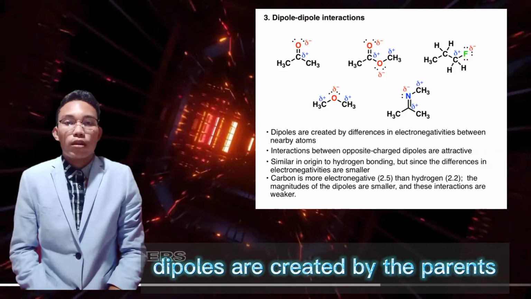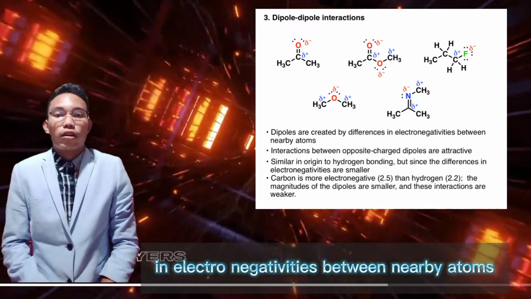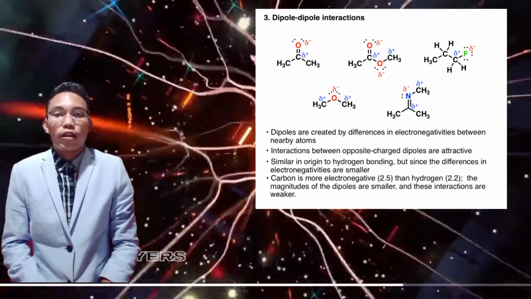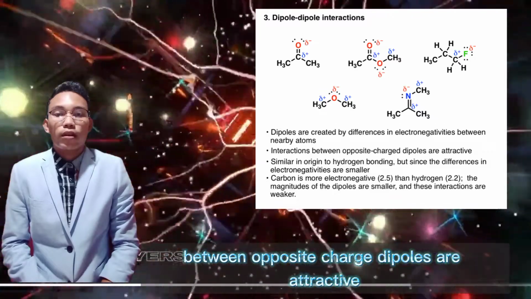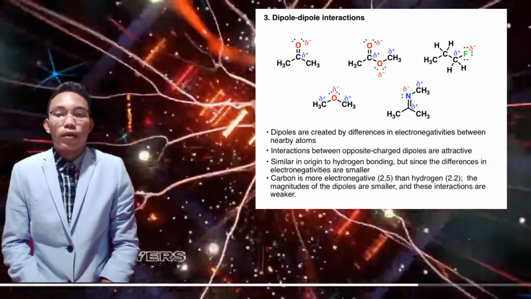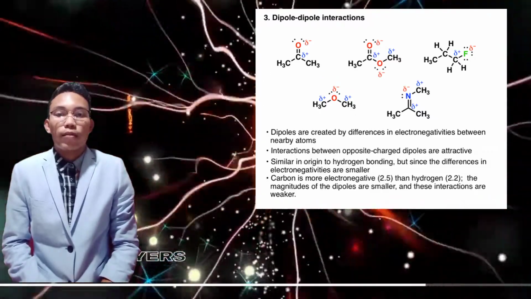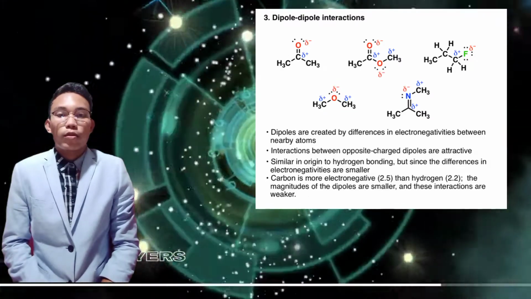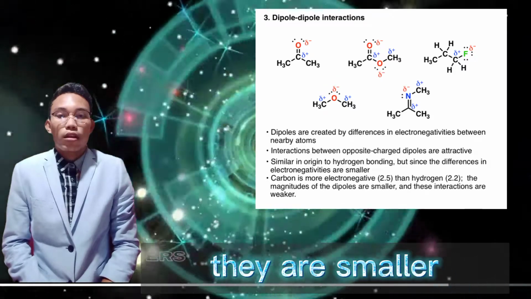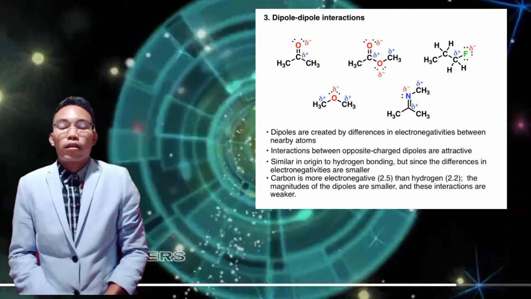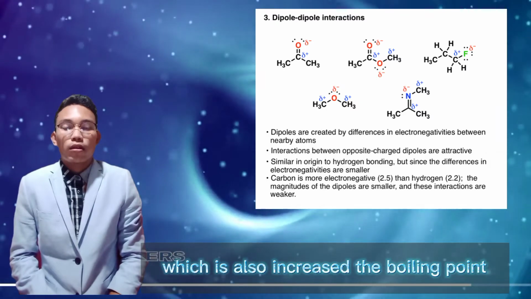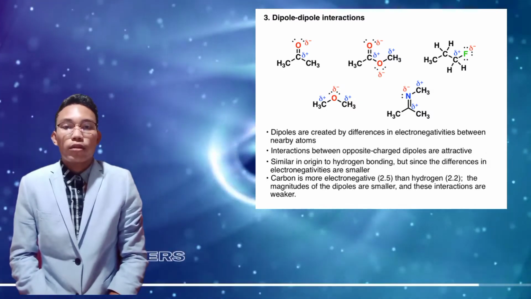Dipoles are created by differences in electronegativities between nearby atoms. Interactions between oppositely charged dipoles are attractive, similar in origin to hydrogen bonding, but since the differences in electronegativity are smaller, these dipoles can interact with each other in an attractive fashion, which also increases the boiling point.